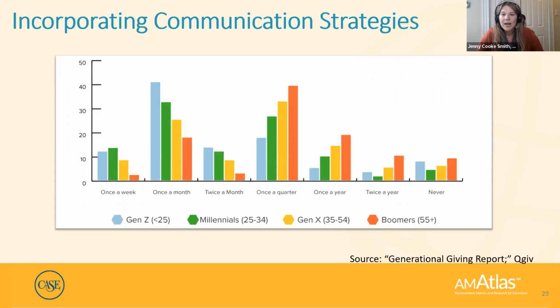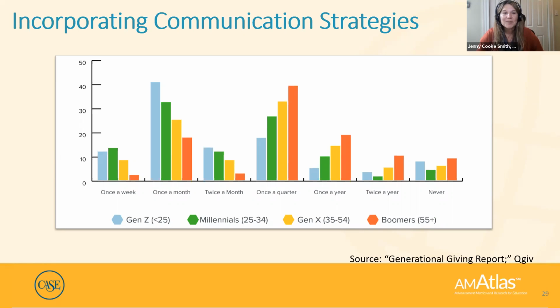And to, I believe it was Dottie's point earlier, also thinking about when do they want to hear from us? So one of the pieces I really loved in the generational giving report was how often by generation, people said that they wanted to hear from nonprofits and other organizations.